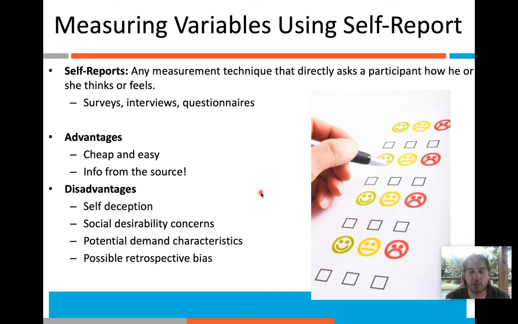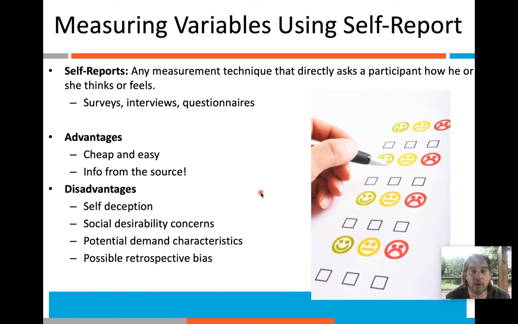So, for example, if you're at a restaurant and the waiter comes up to you and says, how have you enjoyed your service tonight? Has everything been to your liking in the way that you've been treated here at the restaurant? Obviously, you know what they want. They want a positive response, right? So there are demand characteristics there where the participant has sort of figured out the experiment, so to speak.